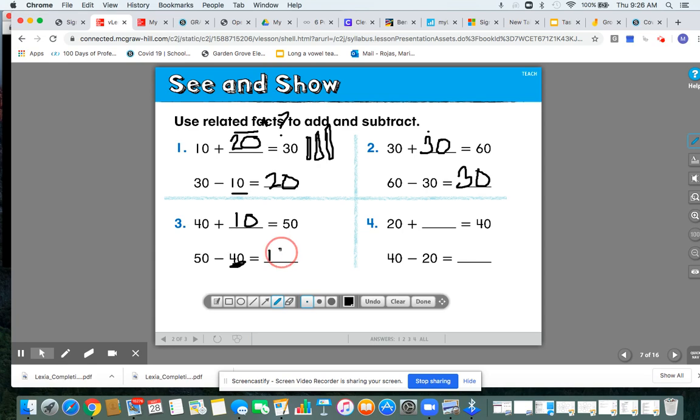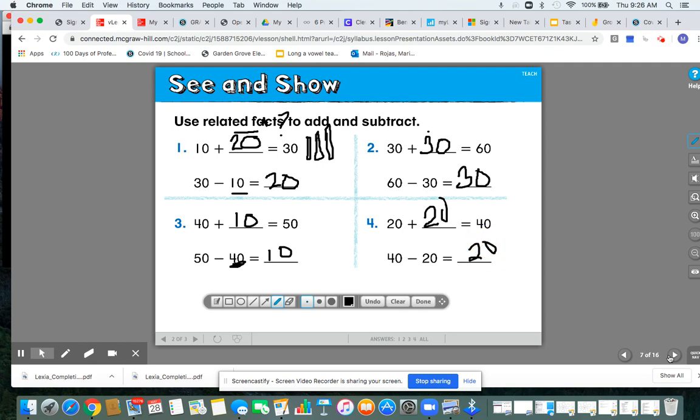And that would be 10, because 10 plus 40 will give you 50. And this is how you can do subtraction. So this is 20, this is a double, and then 40 minus 20, you know that it is 20.